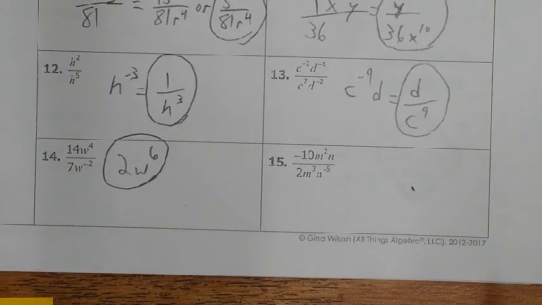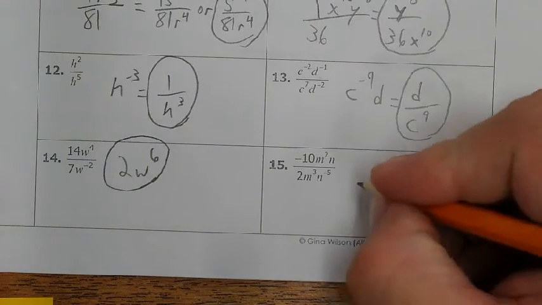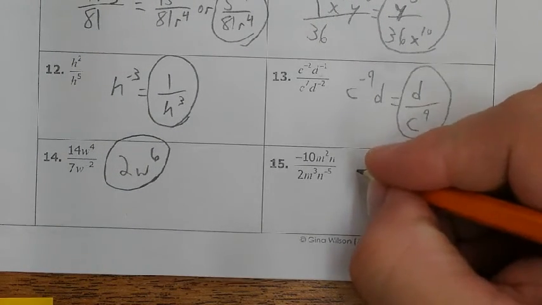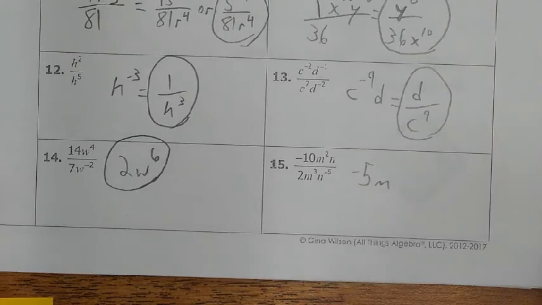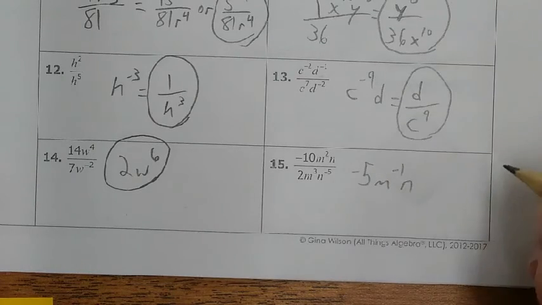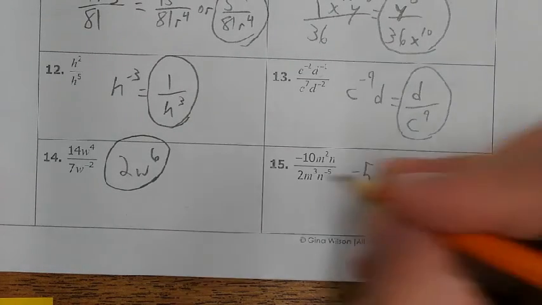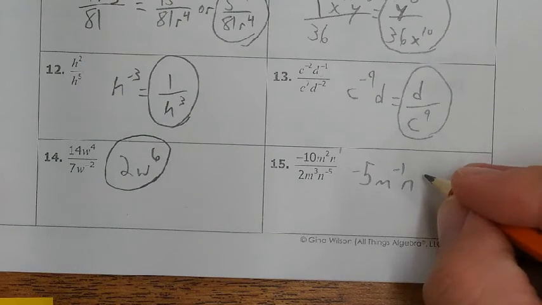And then 15. Negative 10 divided by 2 is negative 5. What would our m change to? Negative 1. What would our n change to? 1 minus a negative 5. Negative 6 or positive 6?